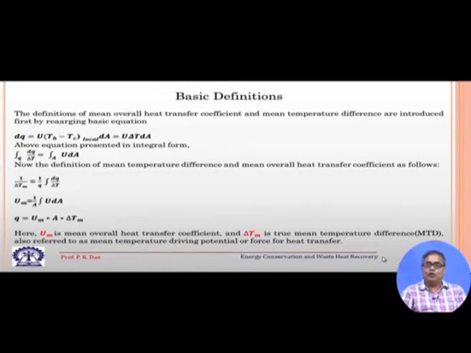That is what I told, that the difference of temperature between the hot stream and the cold stream is the driving force or driving cause for heat transfer to take place.